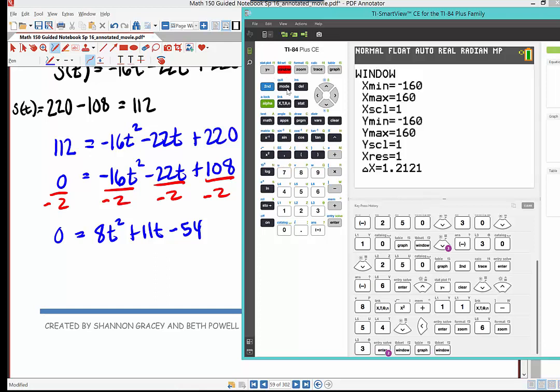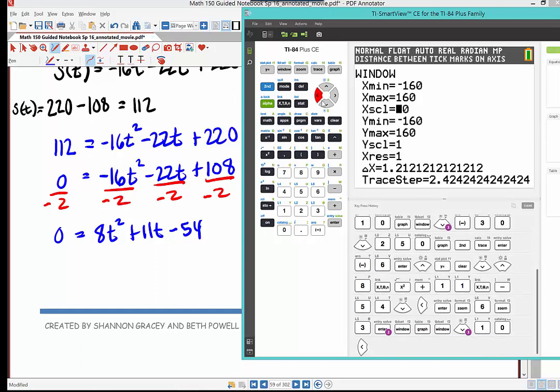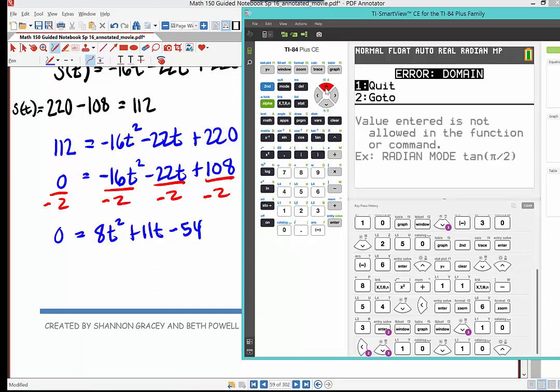We'll just change the scale to 10 here, and we'll do the same for the y's. Maybe get a prettier picture. And of course we're going to need to make the minimum negative for this y.